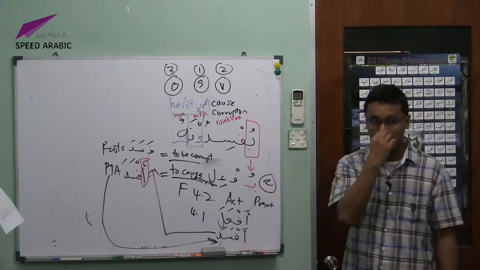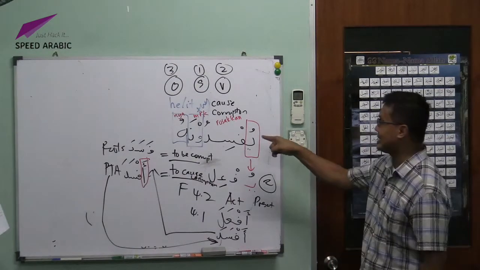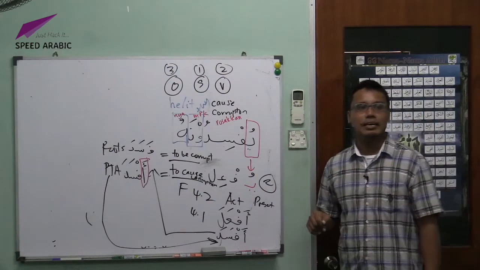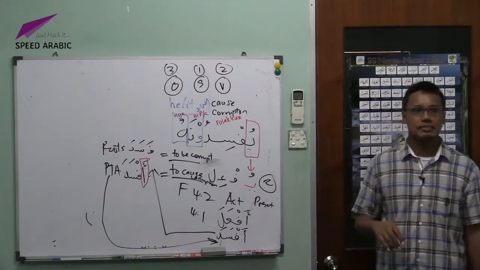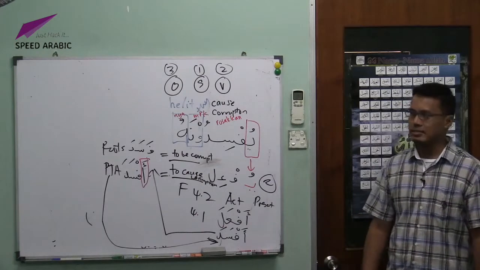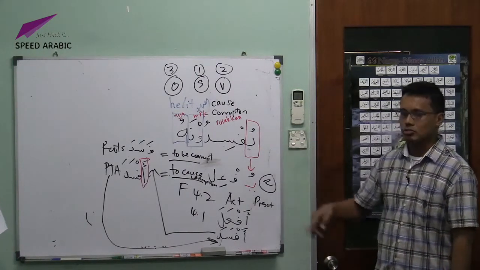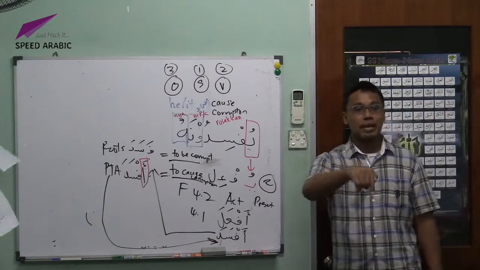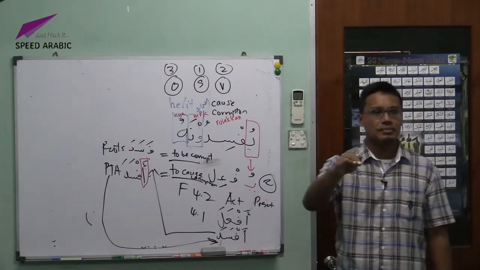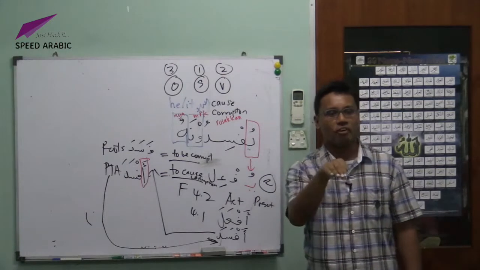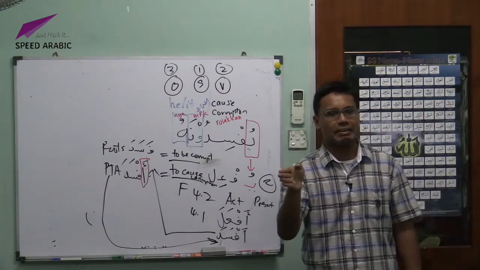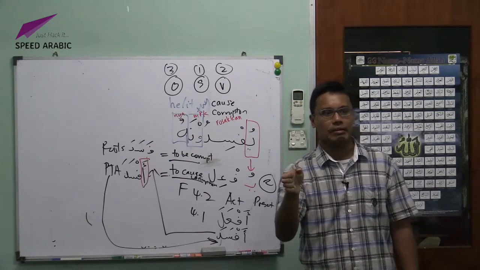Seems that Malay to Arabic is easier. In this one, sometimes English is easier. This one Malay is easier because it's just about "me" plus "kan". So that's why I told you to write for form 4. It means "me-kan". Form 4 and form 2 is "me-kan". Alright.